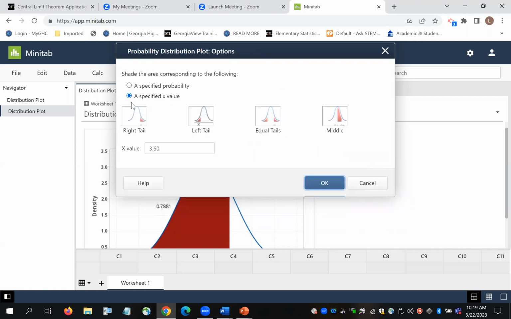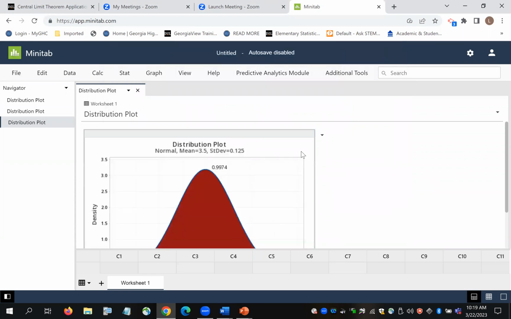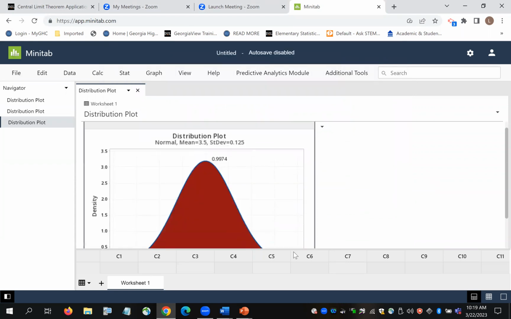Options, we want to be greater, right tail, than 3.15. Click OK. Click OK. And I'm going to copy the graph.